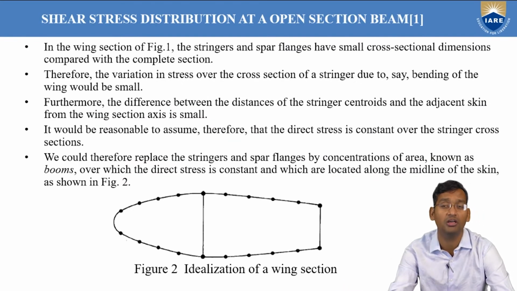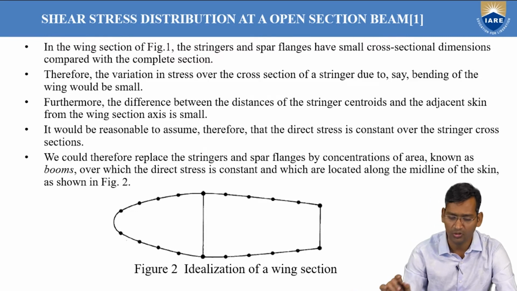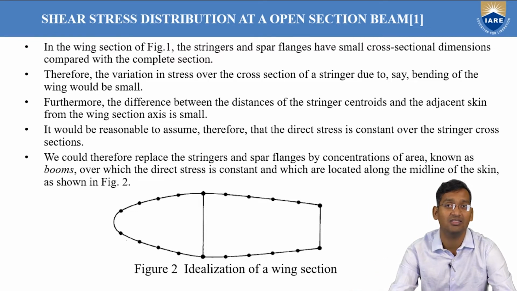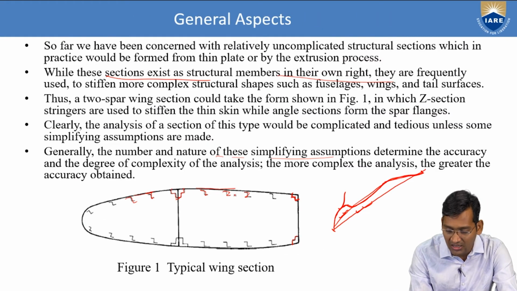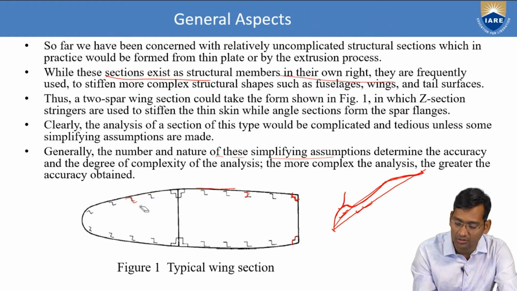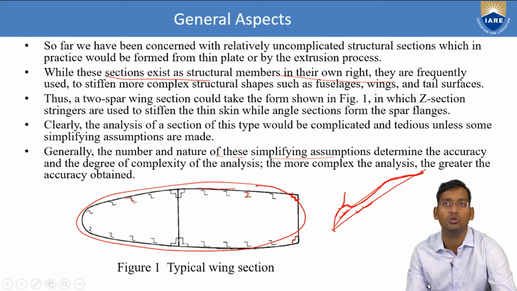Okay, so now here we'll see the shear stress distribution at an open section. In the wing section of figure 1, stringers and spar flanges have a small cross-sectional dimension compared with the complete section. We are seeing here in figure 1 that these are small in size compared to the whole bigger section, so we will make some assumptions.